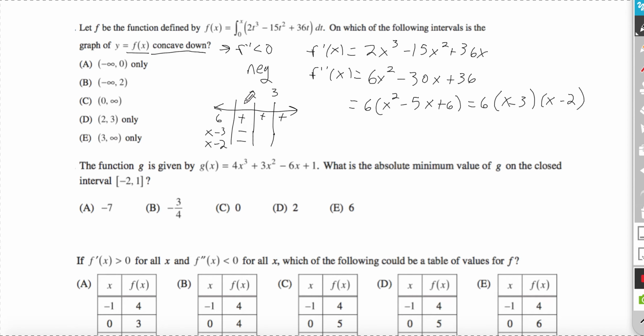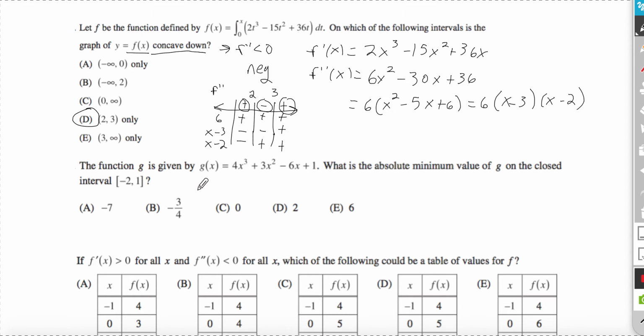I have negative and negative, which makes this overall positive. This is my second derivative, remember? Between 2 and 3, say 2.5, I end up with negative and positive. Bigger than 3, everything's positive there. So when is my second derivative negative? That'll mean f is concave down between 2 and 3 only.